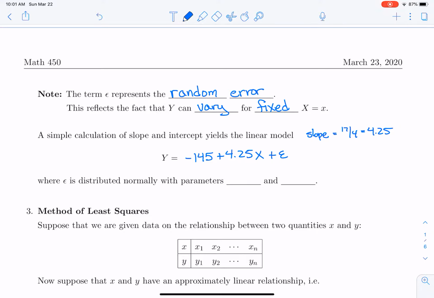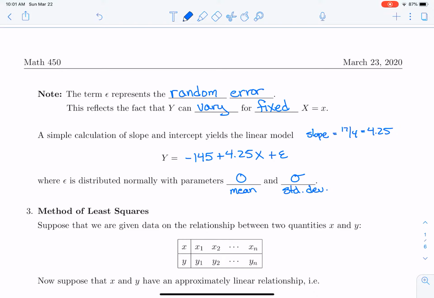Actually, epsilon would be normally distributed with 0 for the mean and sigma for the standard deviation.